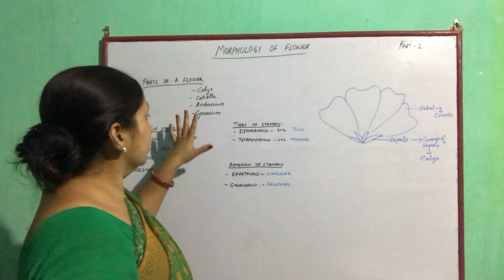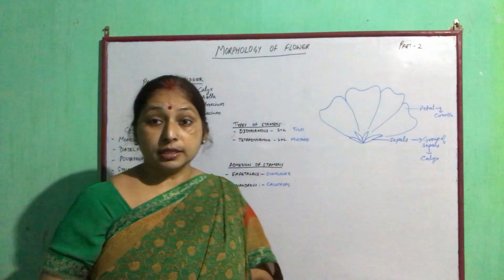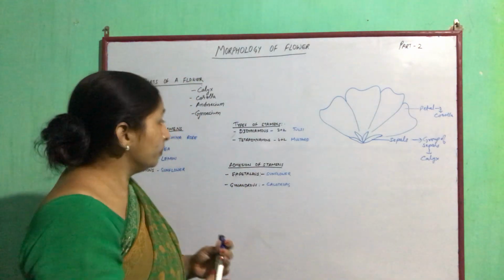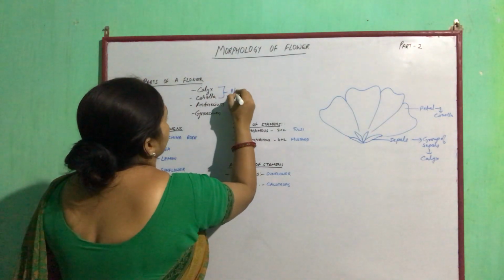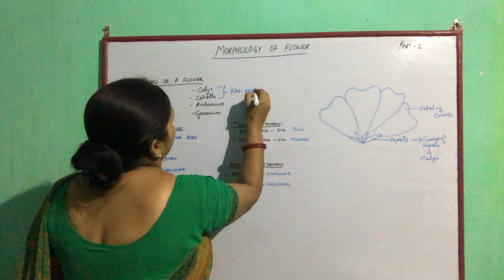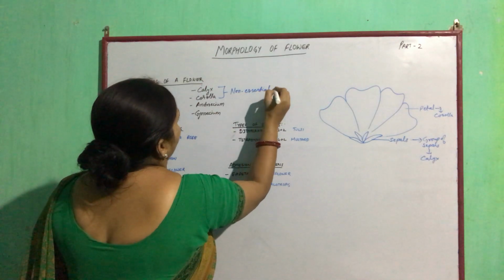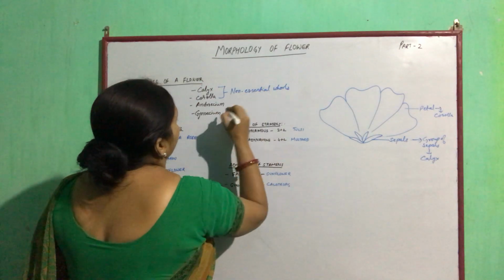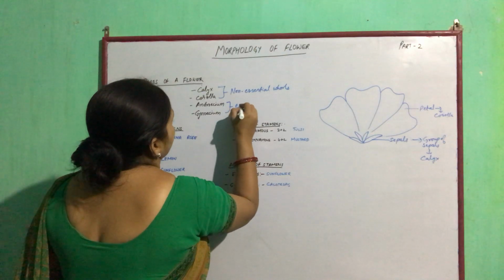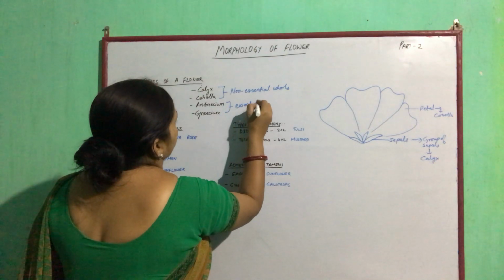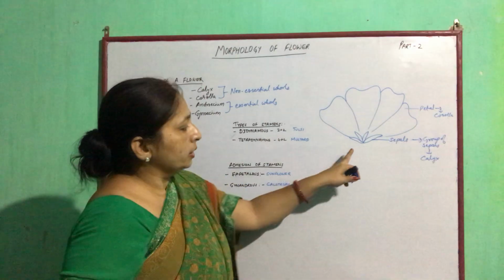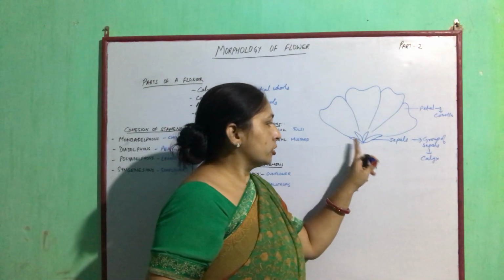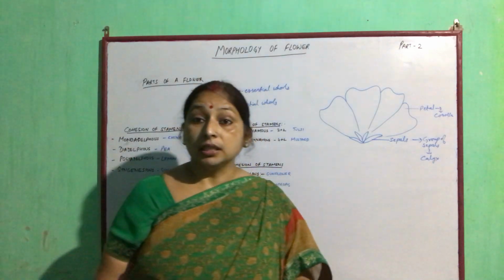First we will start with the non-essential whorls. The non-essential whorls are the calyx and corolla. These are the non-essential whorls, and these are the essential ones. Let's begin with the non-essential first. These structures represent the sepals.